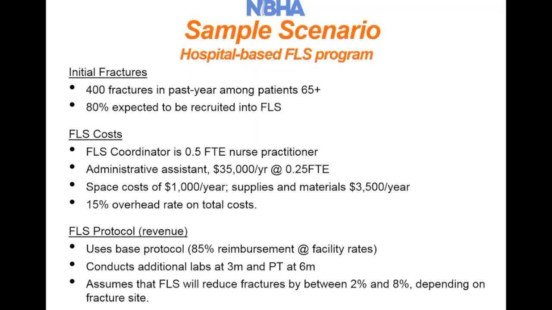In terms of the protocol, they use the base protocol at the 85% fee schedule at the facility rates, and then they could conduct additional labs and physical therapy respectively, and we'll go through how to enter that into the calculator. Finally, the assumption in terms of impact is that fractures are reduced by between 2 and 8% by site.